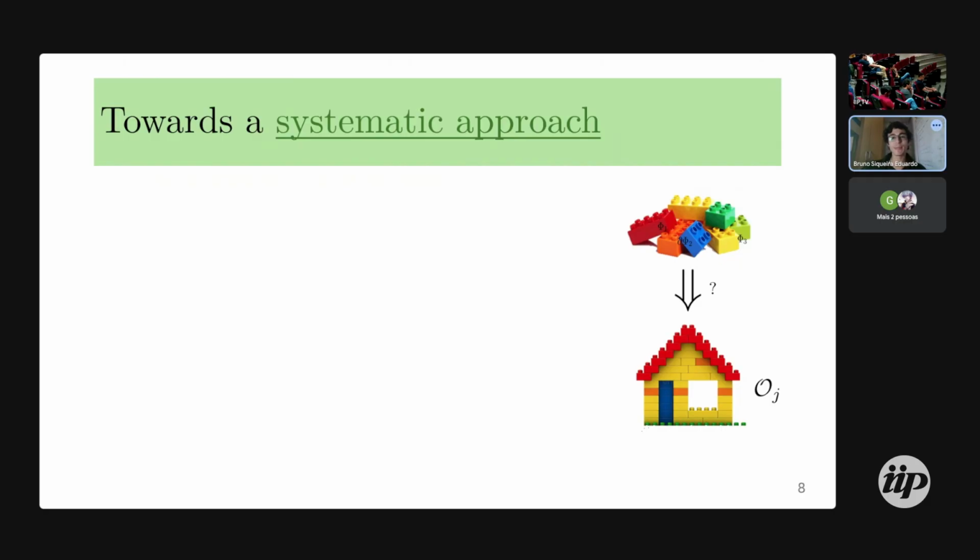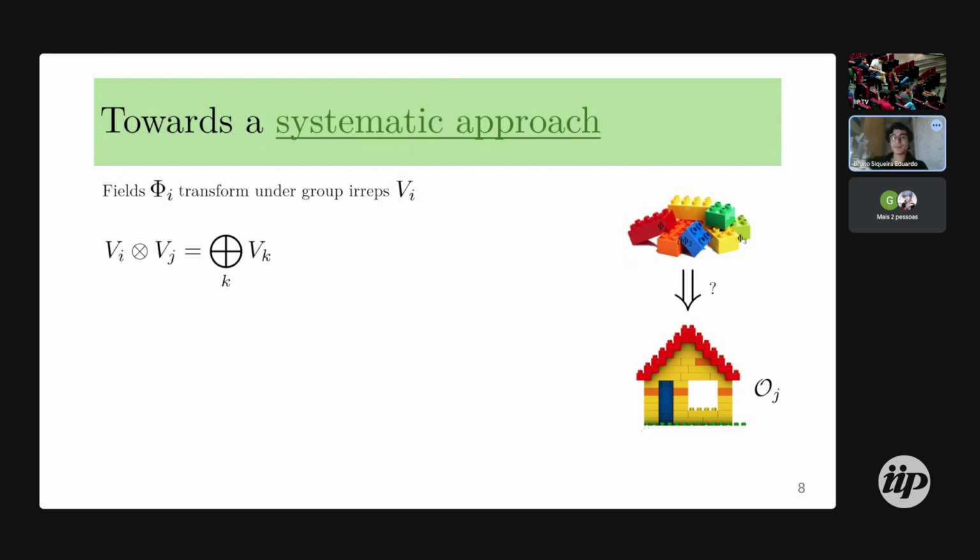Okay, so what is the systematic approach to tackle this problem, which is very non-trivial? We don't want to do this by brute force calculations to high orders, right? So you can start by considering that the fields of your Lagrangian, they transform under group irreducible representations.